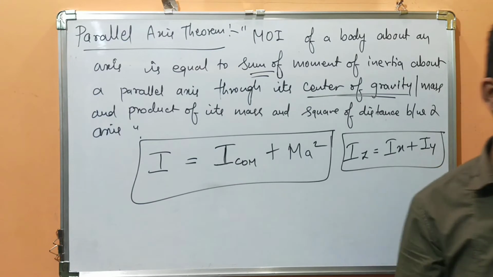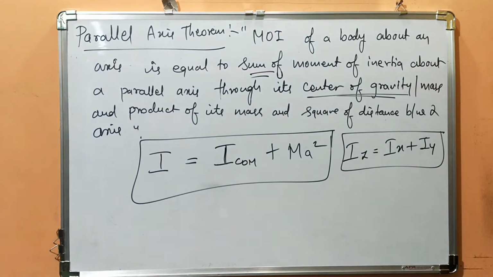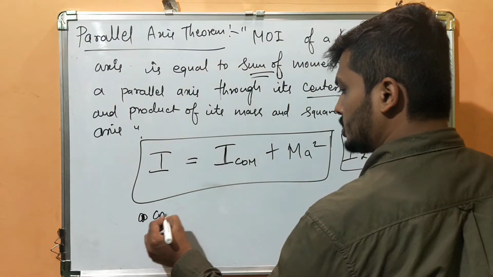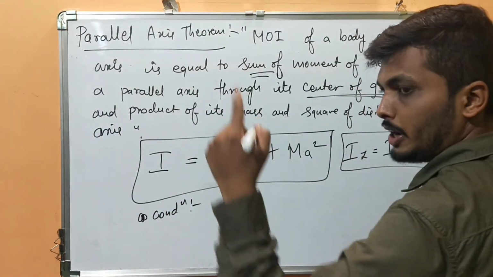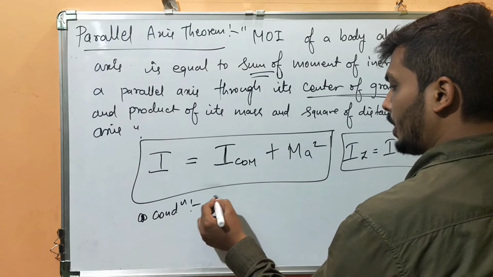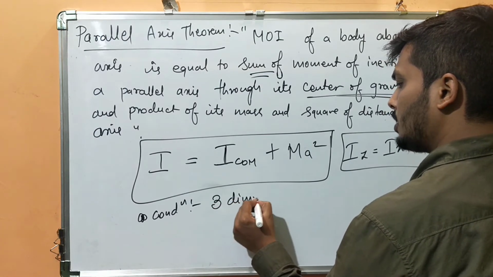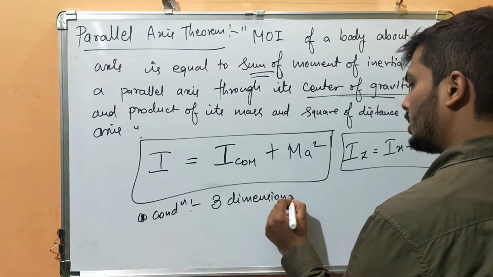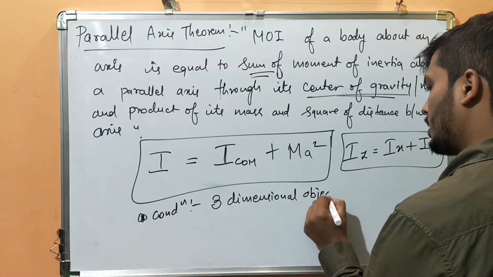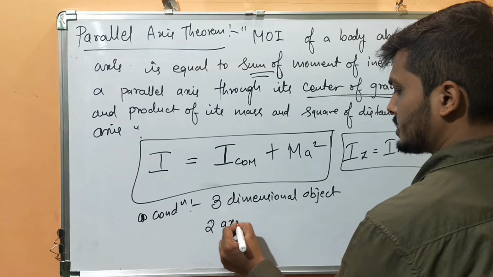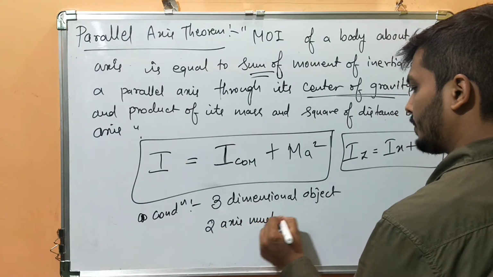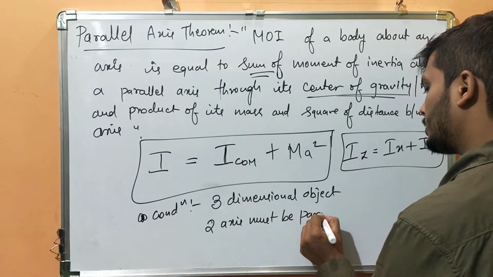Okay, how did it come? First, you'll write the conditions for this. What was the condition in the perpendicular axis theorem? It was valid for 2D objects. Here it is valid for 3-dimensional objects. Second condition, two axes must be parallel to each other.